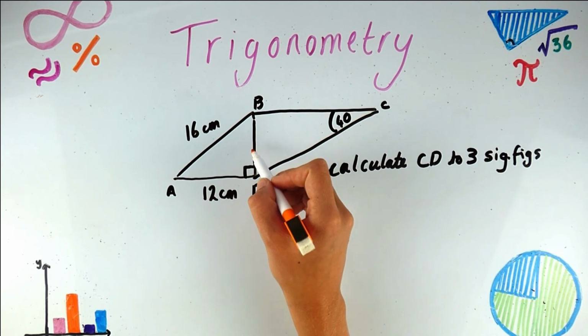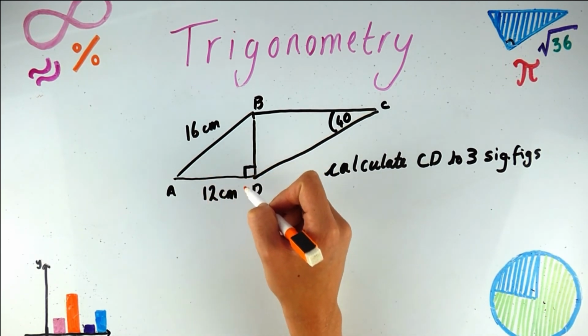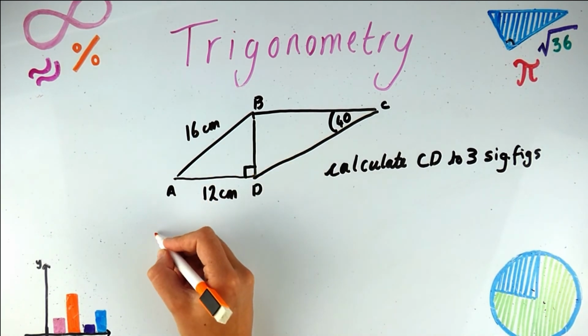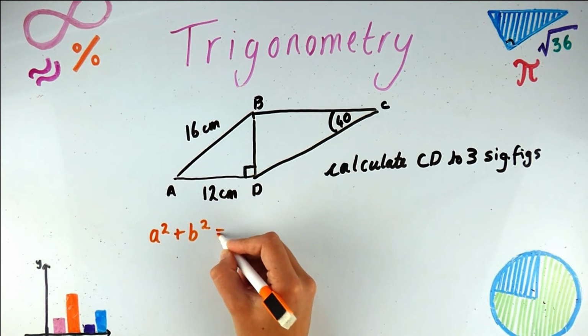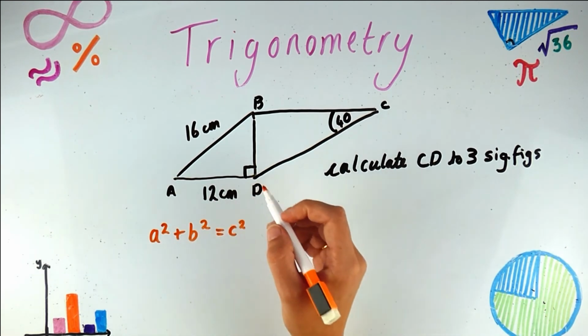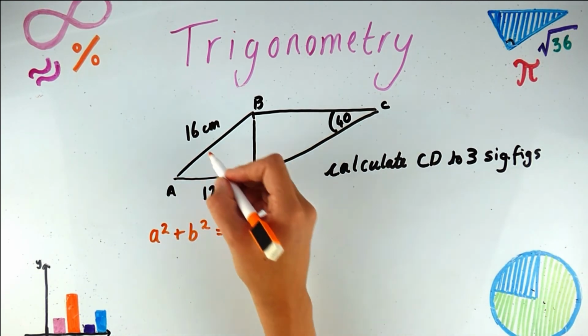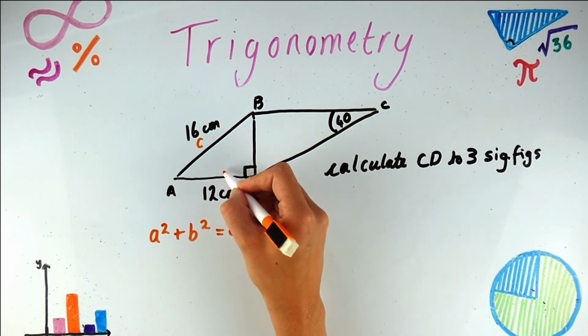So we need the length here, and you can see we've got a right-angled triangle. We can use Pythagoras. So if we remember from a previous video, a squared plus b squared equals c squared. Put our a, b and c on here. C is the hypotenuse.